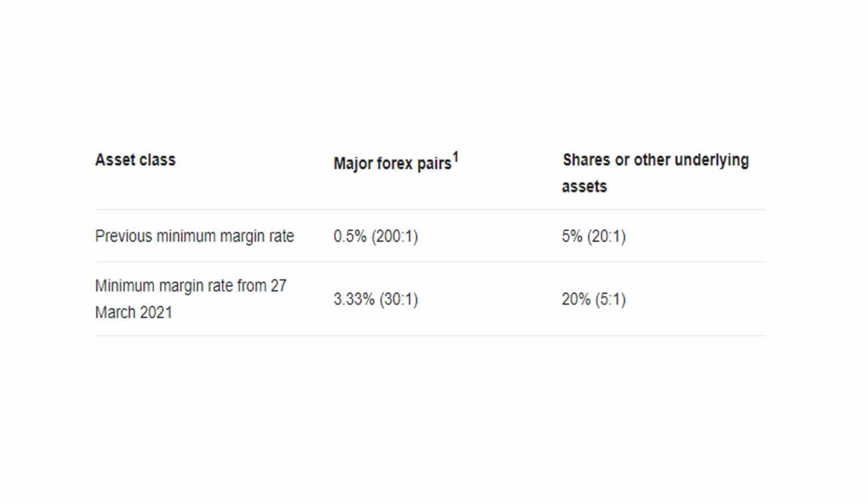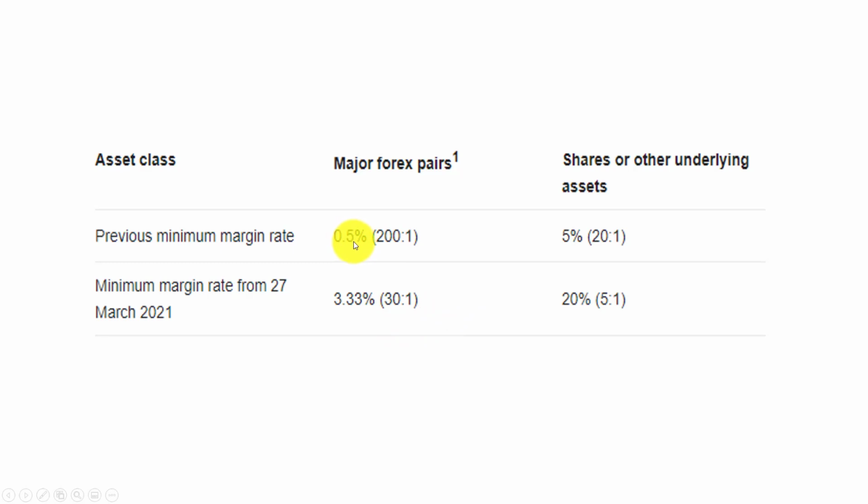And what's made it worse is that the margin requirements have been legislated to go down in many countries. Recently, Australia has gone down from leverage, which is just one way of expressing margin, of 200 to 1 down to 30 to 1 for Forex trading instruments.